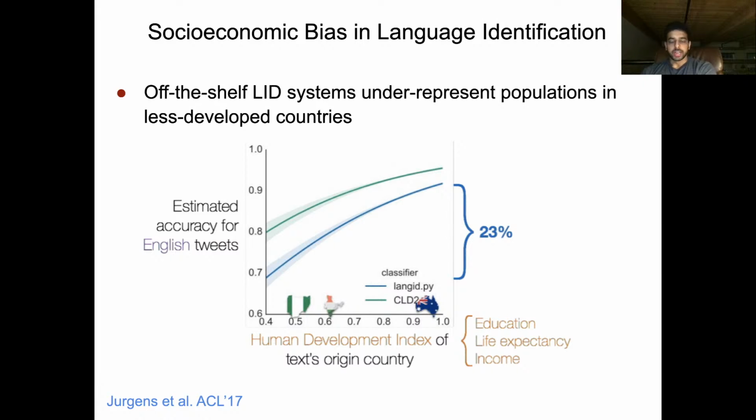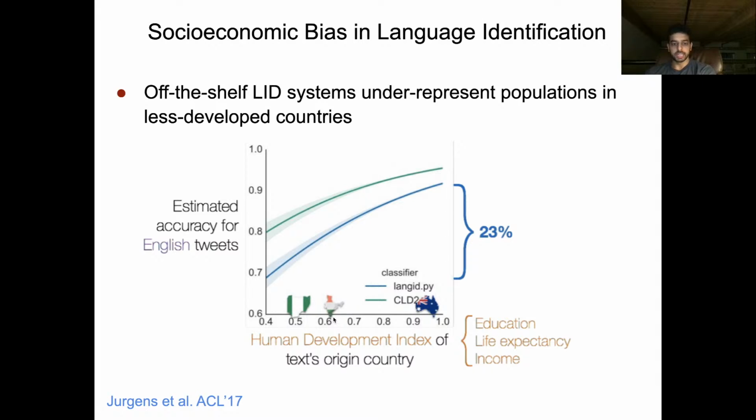Okay, so there's a study in 2017 that shows that the accuracy of language identification systems on English tweets degrades as the human development index of the person who's tweeting's origin country gets lower and lower. This index is a function of things like average education, life expectancy, and income of the citizens of that country.